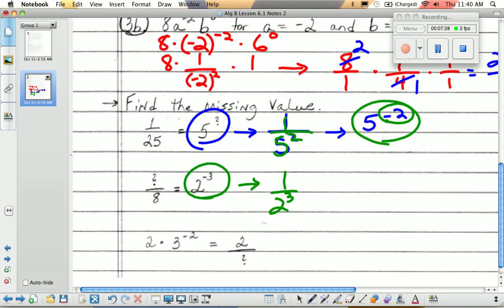What is 2 to the third power? 8. And look here, what's our question mark then? 1. We just found the question mark. It's 1. Well, that was simple.